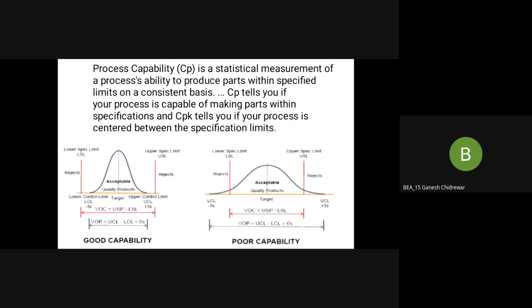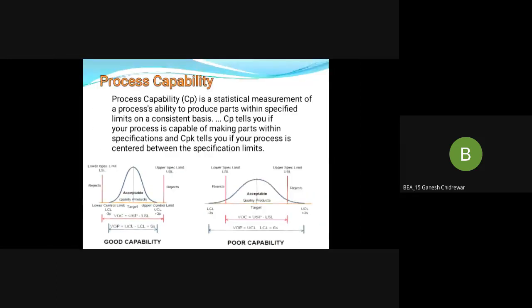When we say good capacity, there are the upper control limit and lower control limit, and here the lower specification limit and upper specification limit. Acceptable quality products should be between the lower specification limit and the upper specification limit. Whenever they cross these limits, that is considered poor capacity. So we have to maintain the average, we have to maintain the process capability. This is the basic information of process capability.